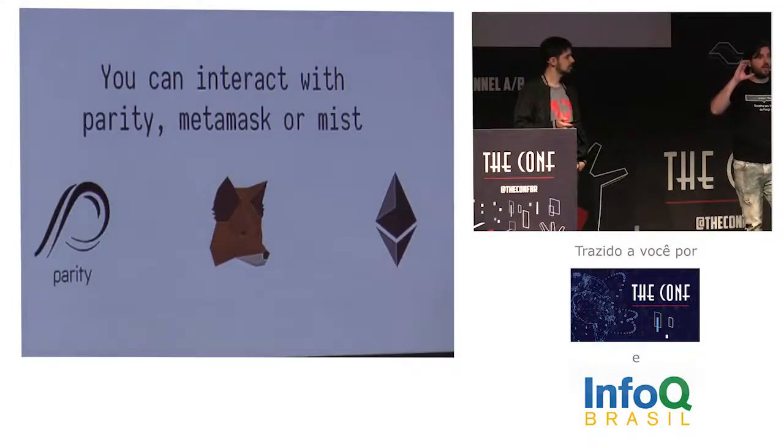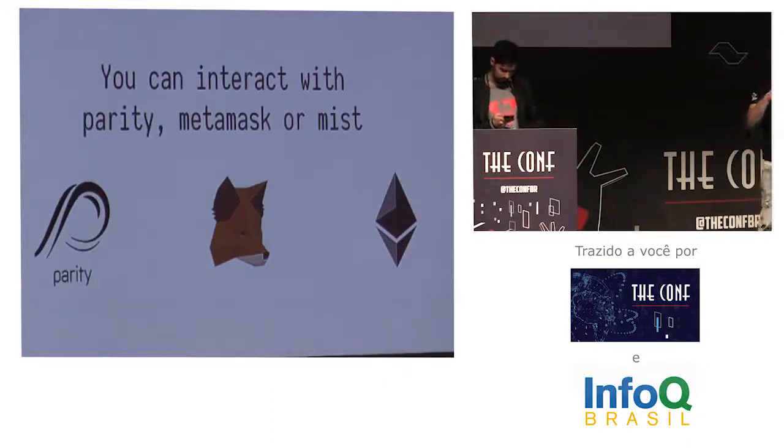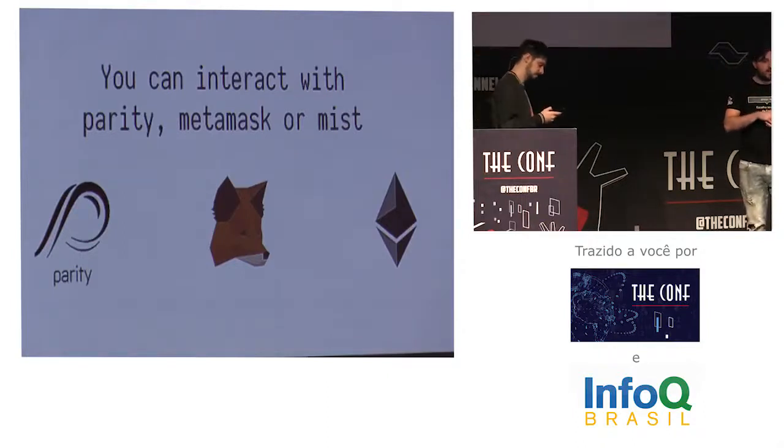MetaMask has its own server synchronized. You only install the extension in your Chrome, and your private keys are maintained in Chrome. Then there is Mist, the official client, written in Meteor and created by the foundation.